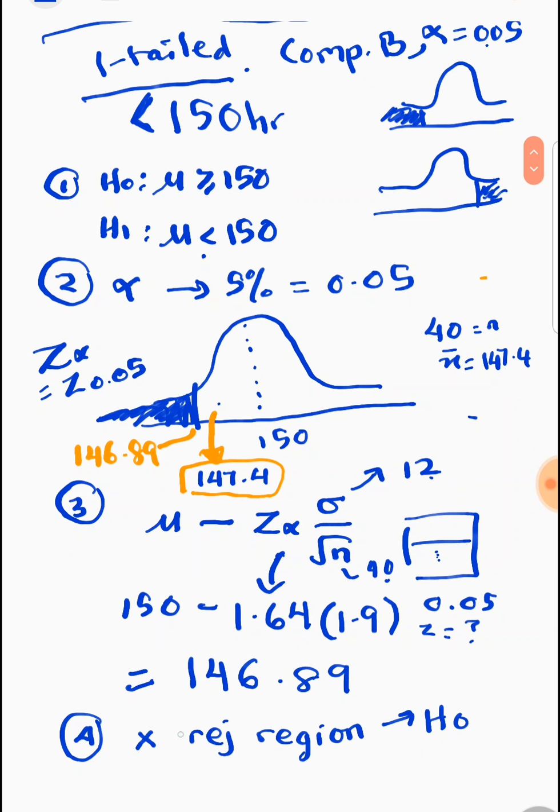Remember earlier, if the point is in the rejection region, then you reject. If it's not, then your null hypothesis is accepted. So in this case, your null hypothesis is accepted, because it's not in the shaded region.